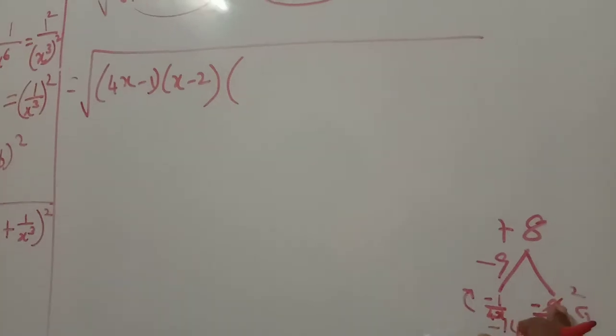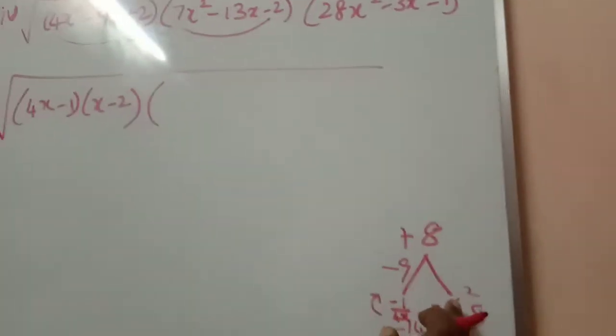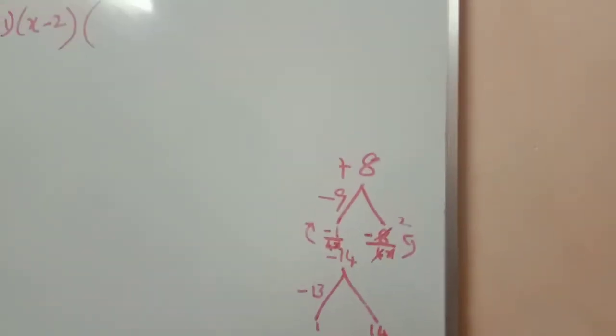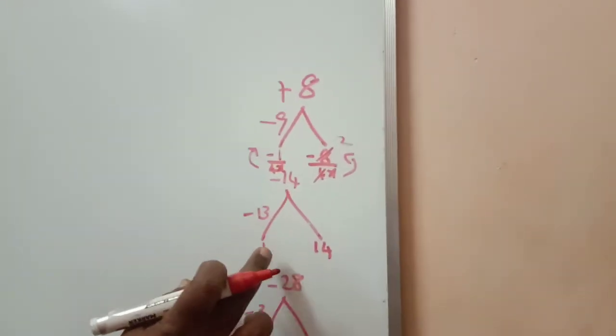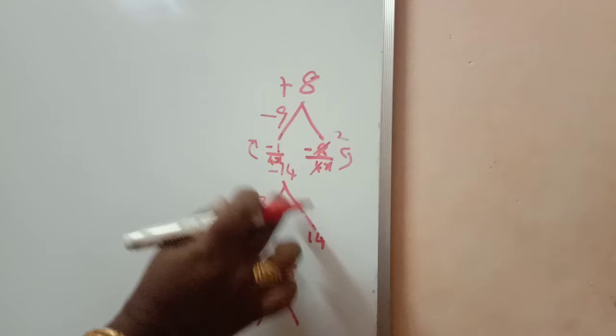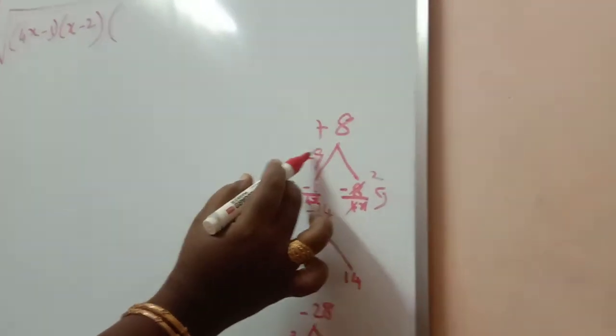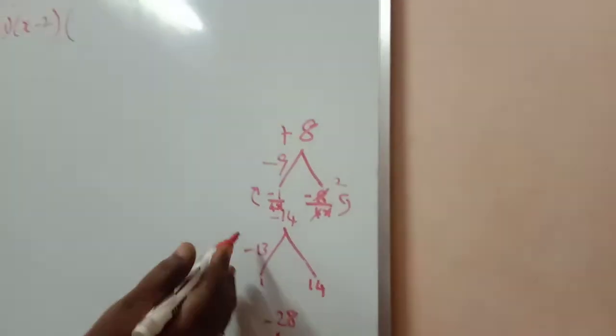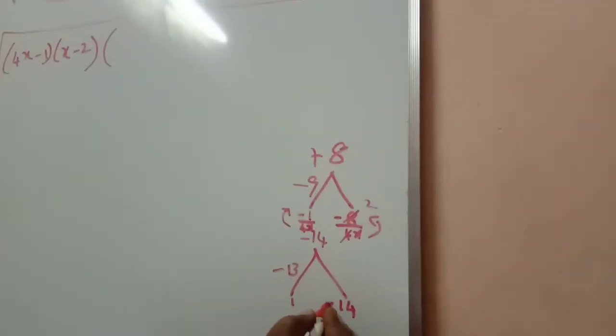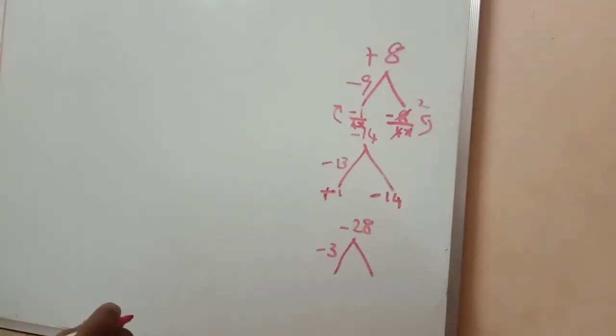So if you add and get the number, give the sign to both the numbers. If you subtract and get this number, give this sign to greatest number, opposite sign to smallest number.